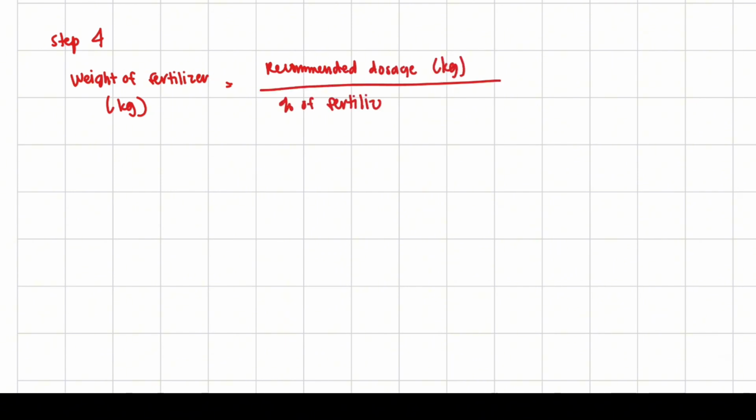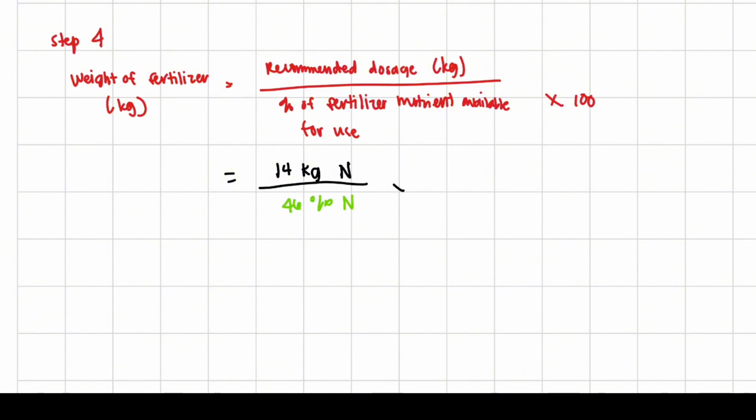Again, the formula is the weight of fertilizer in kilograms is equal to the recommended treatment or dosage of nutrient over percent of fertilizer nutrient available for use times 100, and that is 14 kilograms of nitrogen over 46% nitrogen from urea times 100, and the answer is 30.43 kilograms.